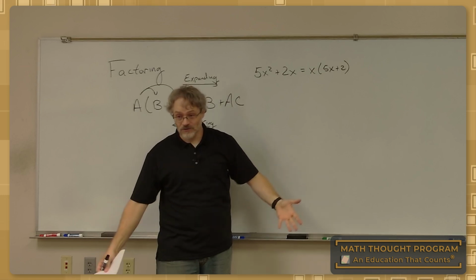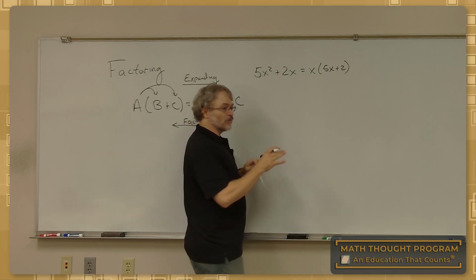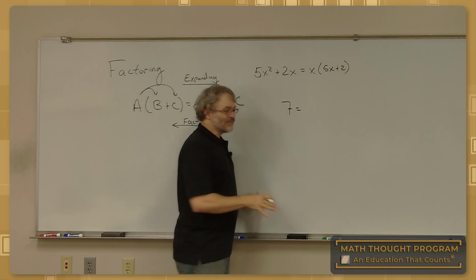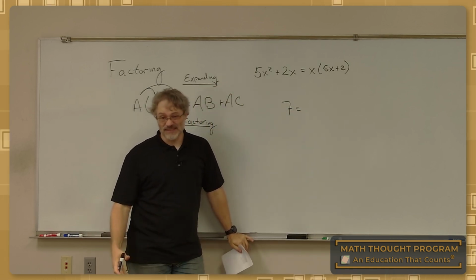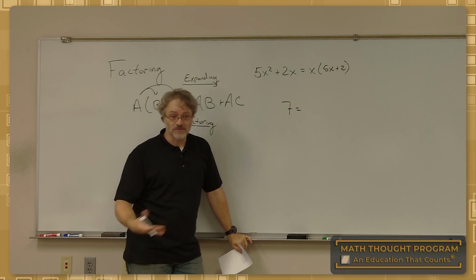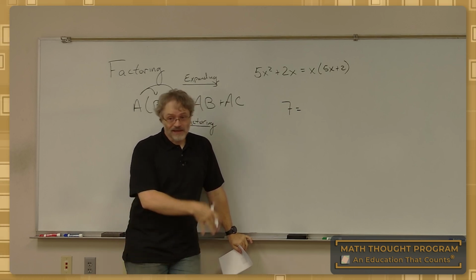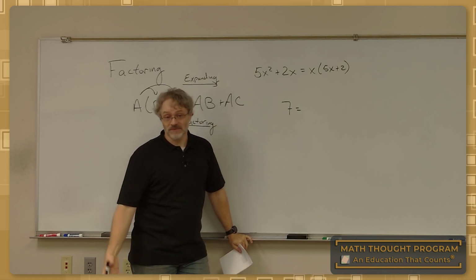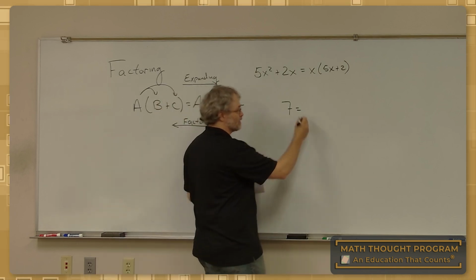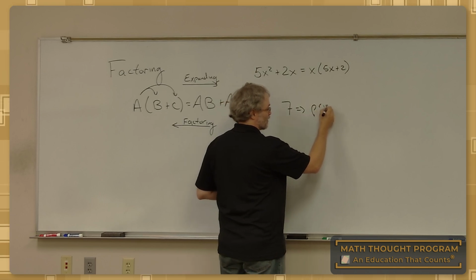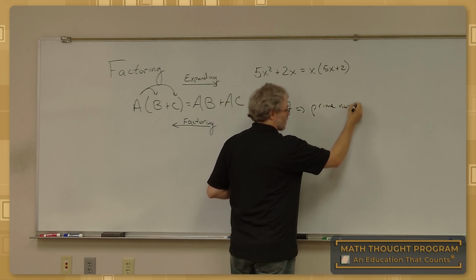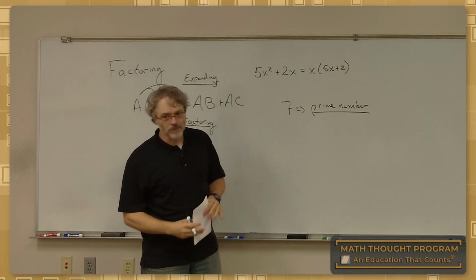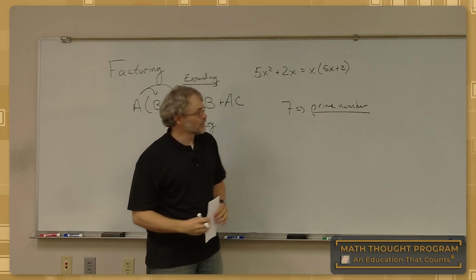It's not factorable. Just like with numbers, if a number is 7, I can't factor 7 like I can factor 6, where 6 can be factored as 2 times 3. The only thing I can do with 7 is say 1 times 7. 7 is a prime number. When I'm looking at polynomials, I have a similar terminology.